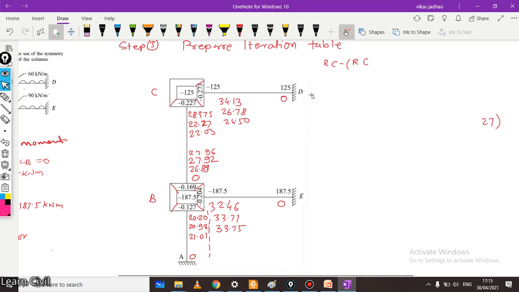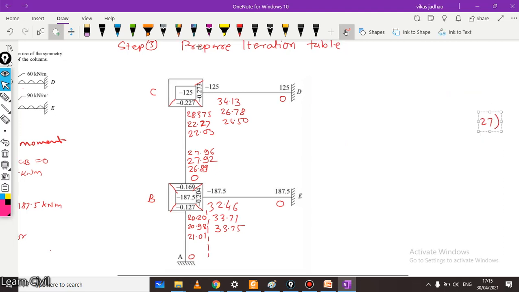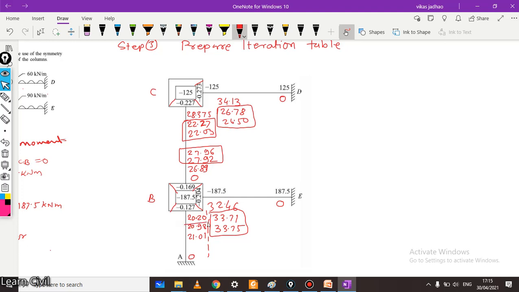So with this you can see here, the values of rotation contribution in consecutive cycles are nearly same, or the difference between them is negligible. You can see here the difference is very negligible: 27.92, 27.96, 33.71, 33.75, 20.98, 21.01.